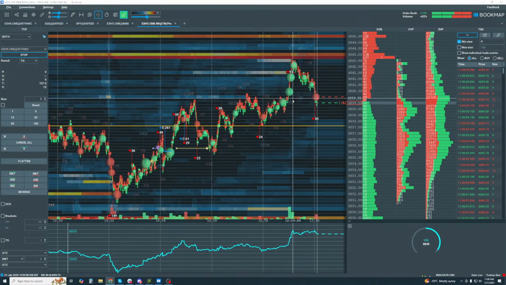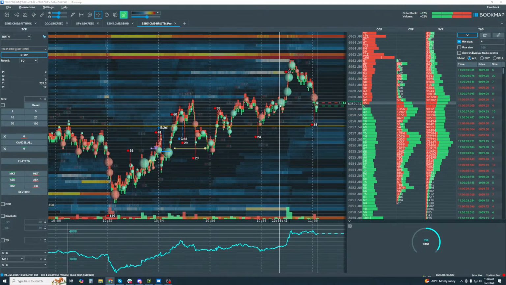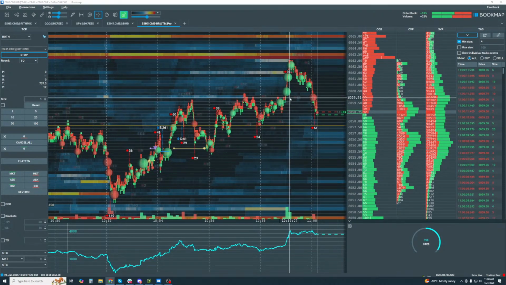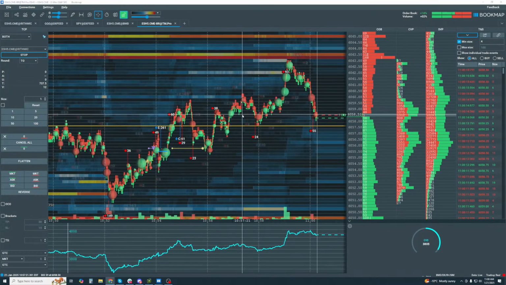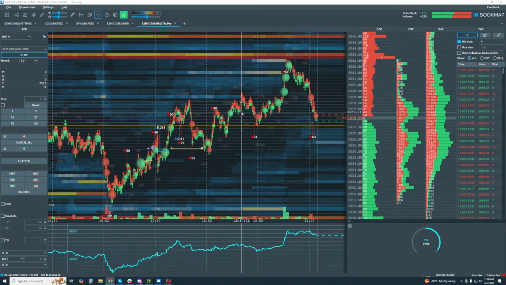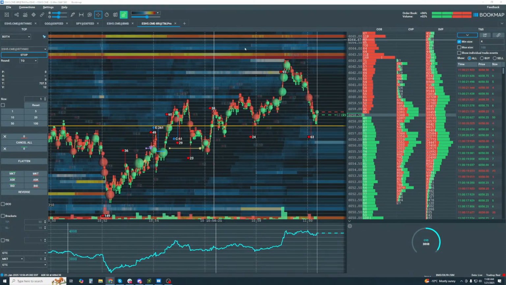Getting a steep pullback after this is not a surprise. It's not like we saw that kind of buying activity in here, and you can start to gauge your trading rules around something like that.